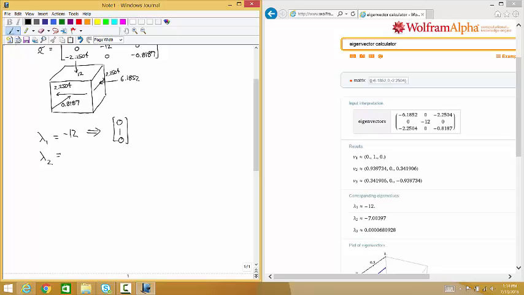Lambda 2 is equal to negative 7, and that corresponds to 0.940, 0, 0.342. And then lambda 3 is 0, and that corresponds to 0.342, 0, negative 0.940.